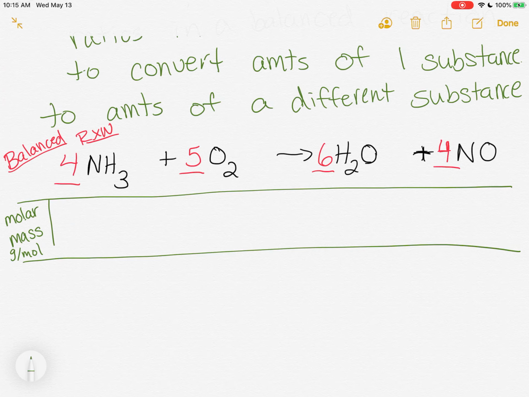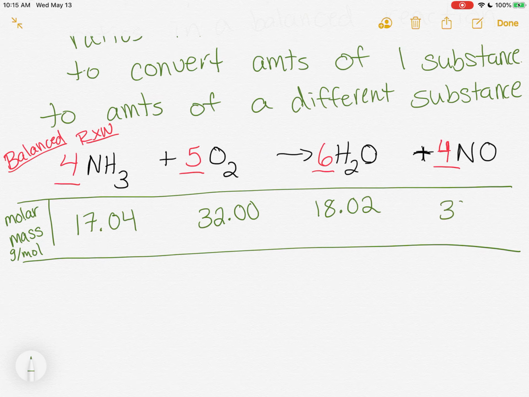So for NH3, we have 1 nitrogen, which is 14.01, and we have 3 hydrogens that are each 1.01. So we get a molar mass for ammonia of 17.04. For oxygen, it's going to be the 2 oxygen atoms, so that's 32 grams per mole. Water has a molar mass of 18.02, 2 hydrogens and 1 oxygen.